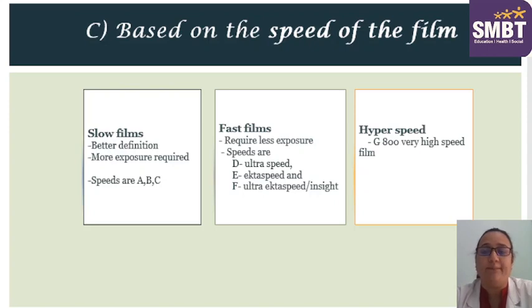Slow films have better definition but an increased exposure time. They can be A, B or C. The fast films have less exposure time, they can be D, E and F. E and F are most commonly used clinically, and the hyper speed films have very little exposure time but compromise the quality.